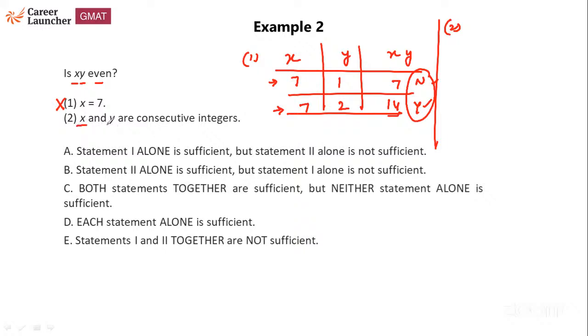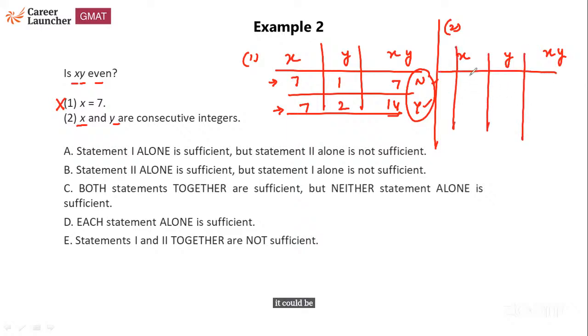Second statement, x and y are consecutive. If they are consecutive, it could be that x is odd, y is even. Let's say 1 and 2. They are consecutive. Case number 1. Or it could be that x is even, y is odd. Either odd even or even odd.